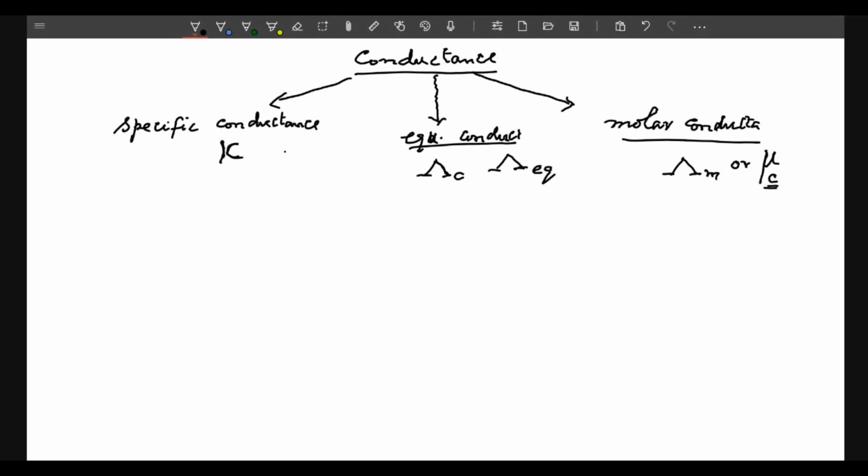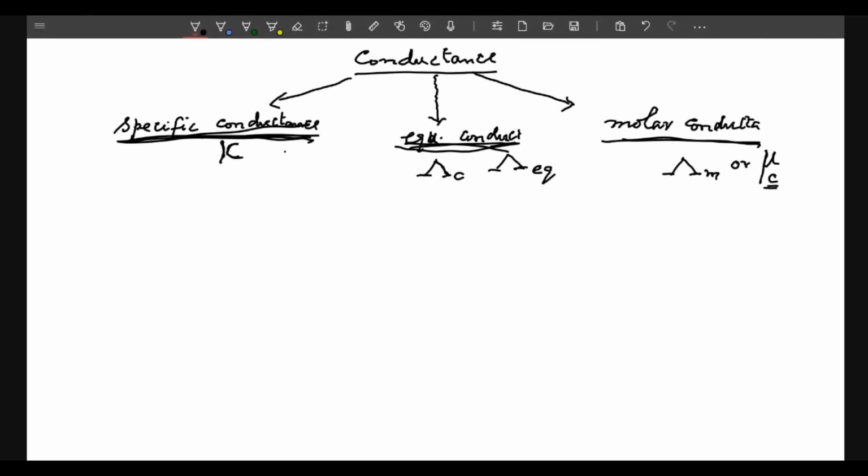Therefore, here the situations are different. What is the situation? How many ions should be present for a specific conductance, for an equivalent conductance, and for a molar conductance? That is the difference between the specific, equivalent, and molar conductance.